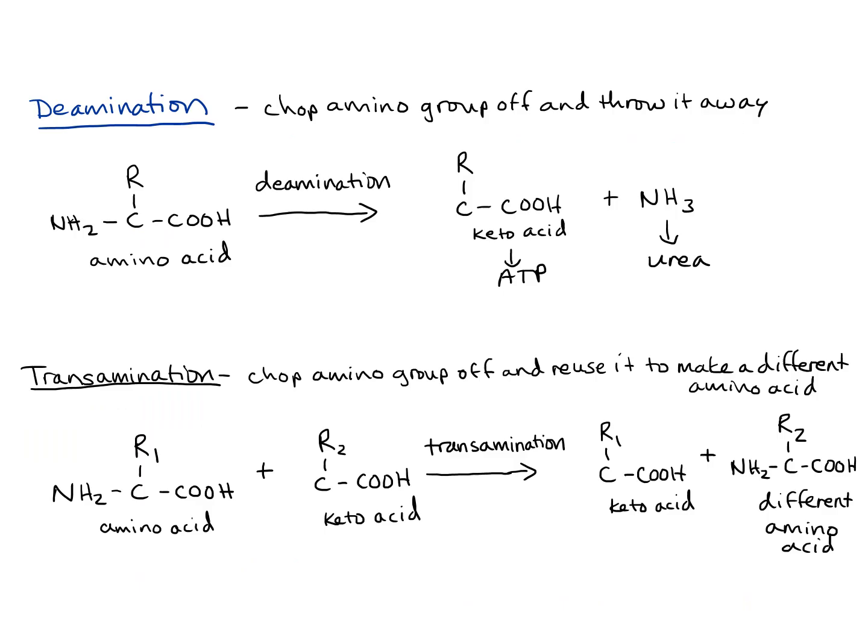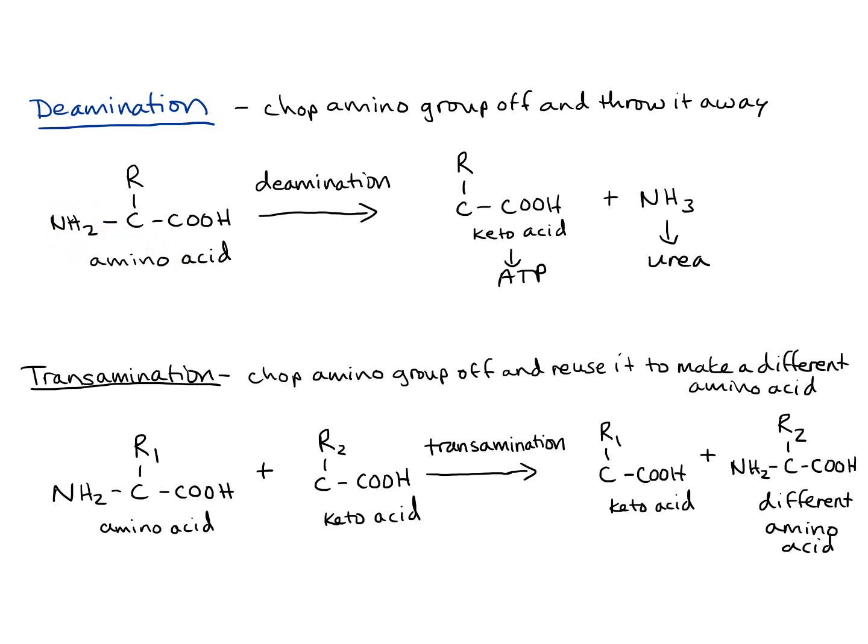All right, let's show you the difference between deamination and transamination. Don't get upset about these pictures. I just want you to understand the basic idea of what's going on. With deamination, remember D means to remove. We've got this amino acid and we're just going to chop off that amino group and throw it away.